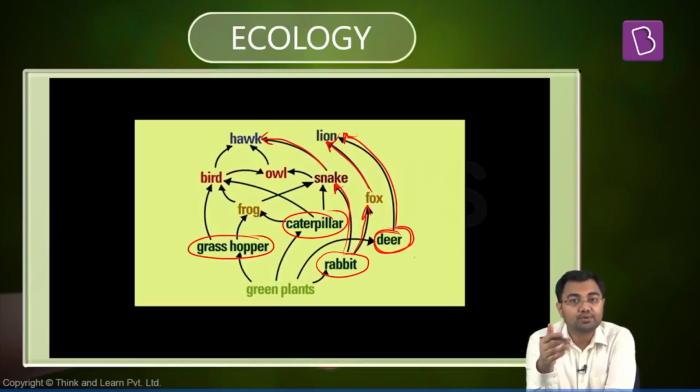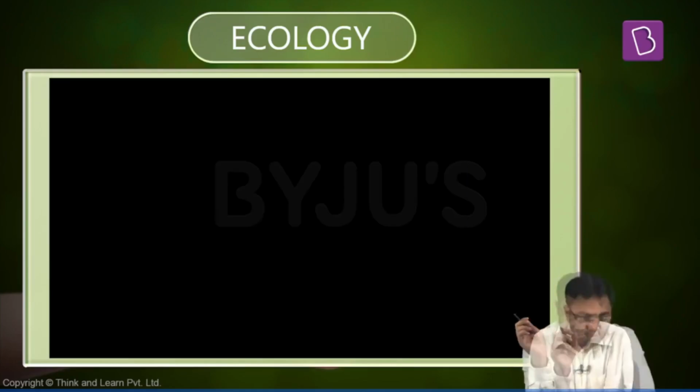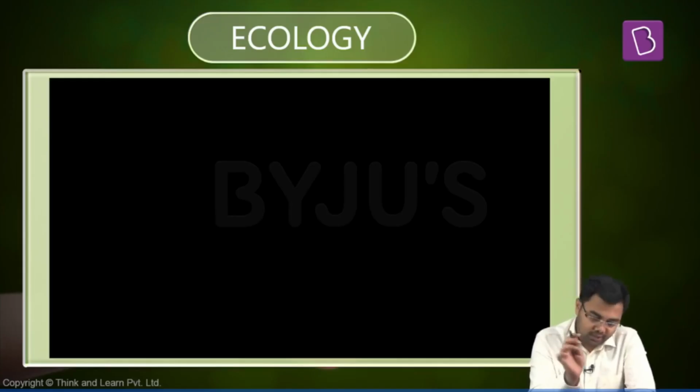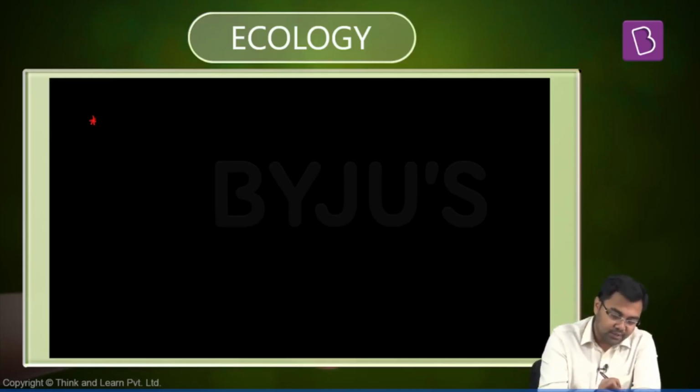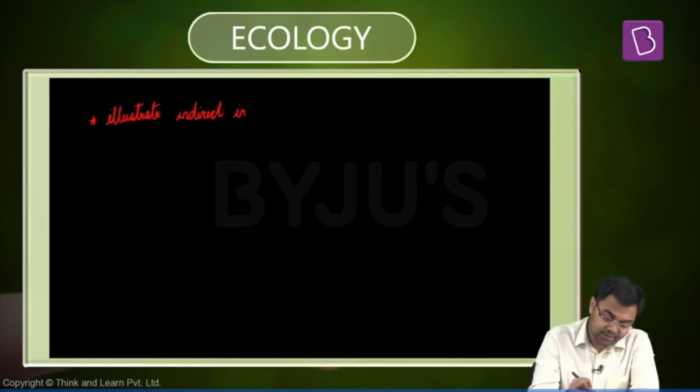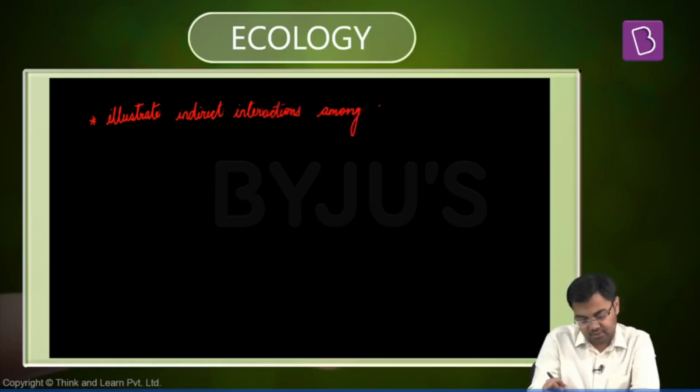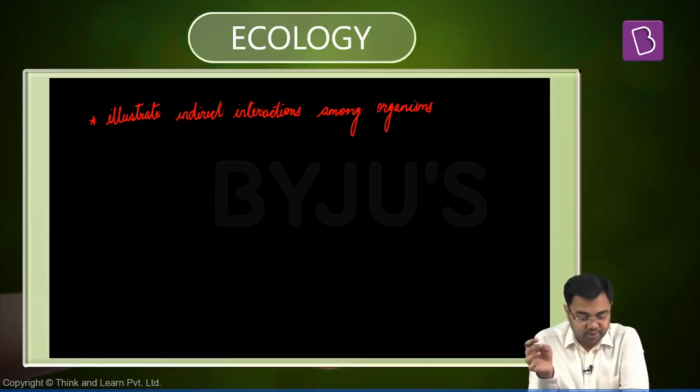So food webs can be used to illustrate the indirect interactions among species. This is a very, very important point. You can note it down, that food webs are used to illustrate indirect interactions among organisms. So what is another important point?